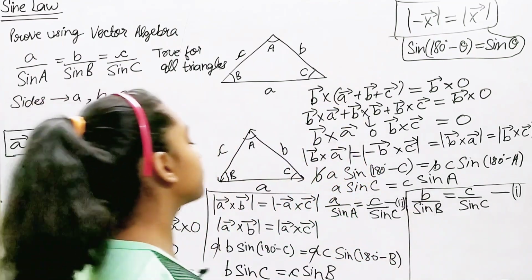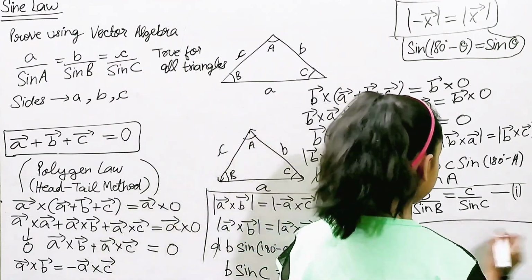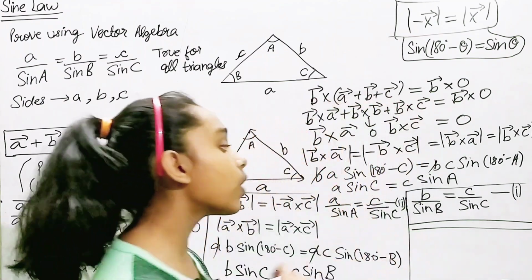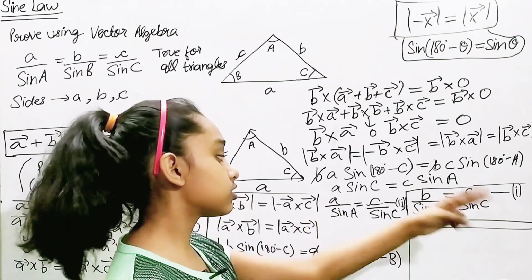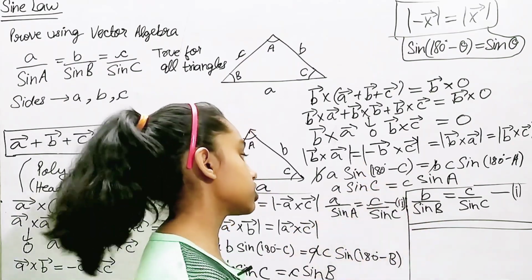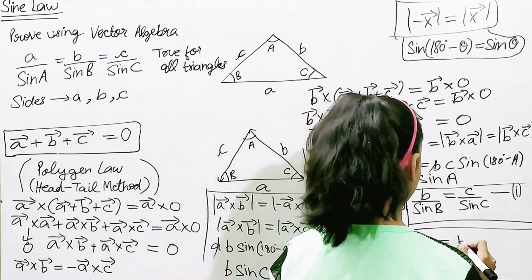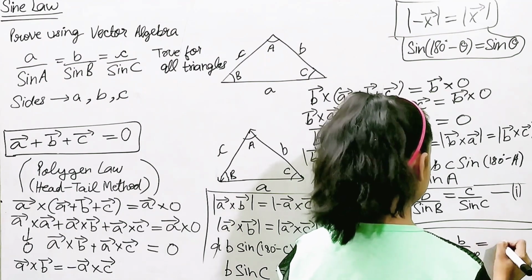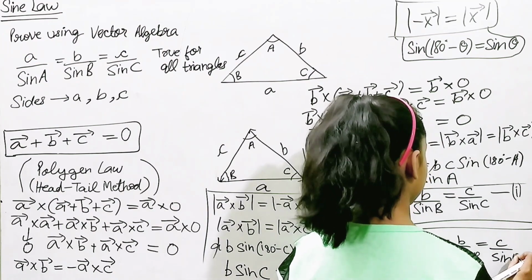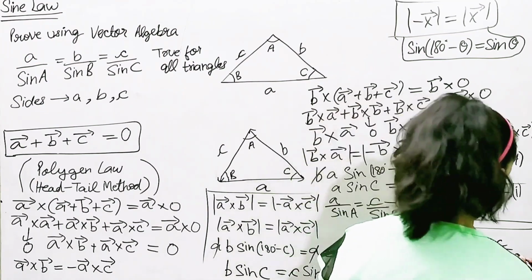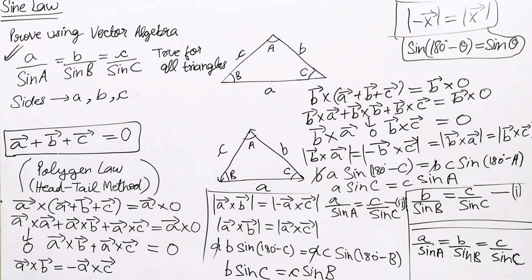As you can see, I've solved that A by sine A is equal to C by sine C. If you also want to take the C one, then you can take it, but by these two equations, I can say that A upon sine capital A is equal to B upon sine capital B is equal to C upon sine capital C. Okay? So we have done, isn't it?